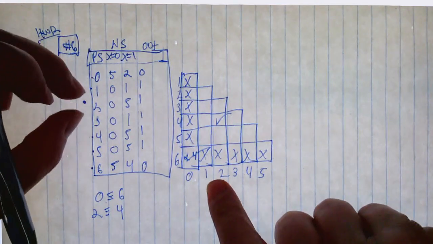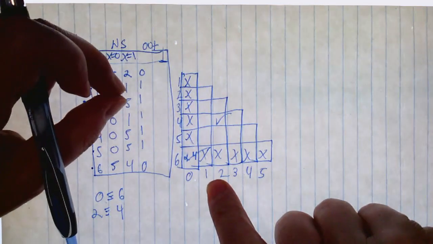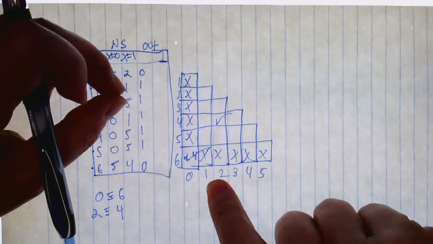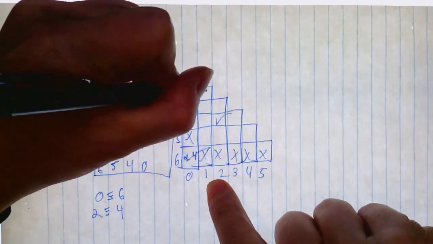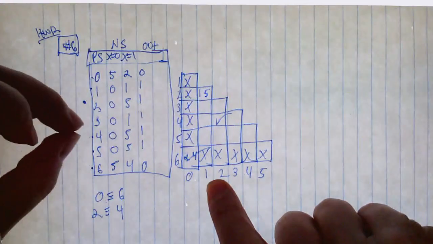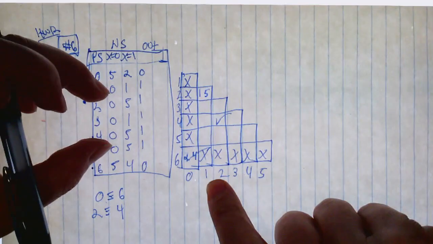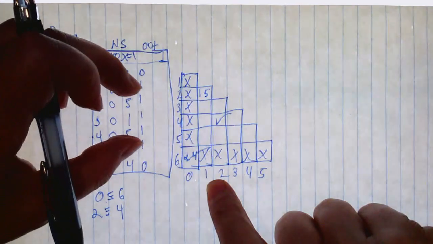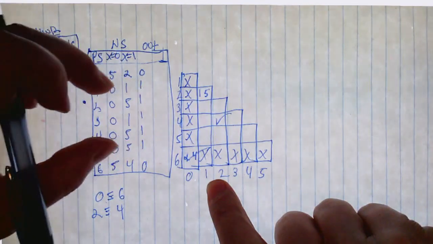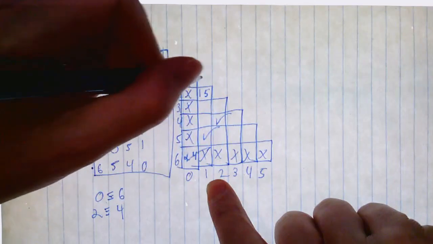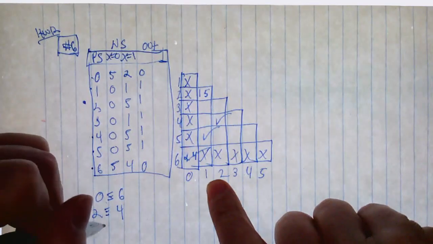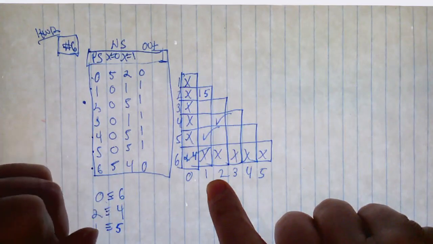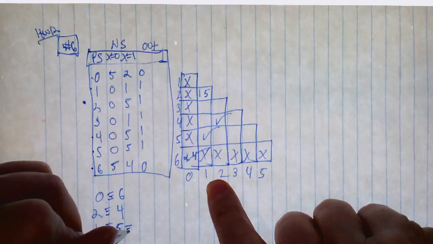Let's try 1 and 2. 0 equals 0. 1 equals 5. Well, we don't know if 1 equals 5. So let's compare 1 and 5. I got 0 and 0, 1 and 5, 1 and 1. So that looks good, which means 1 is equal to 5 and also equal to 2.